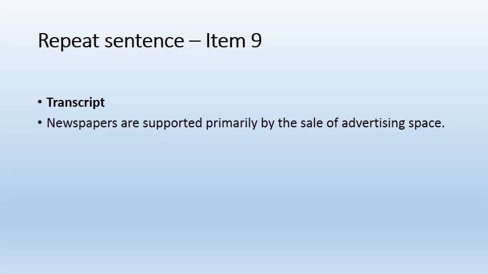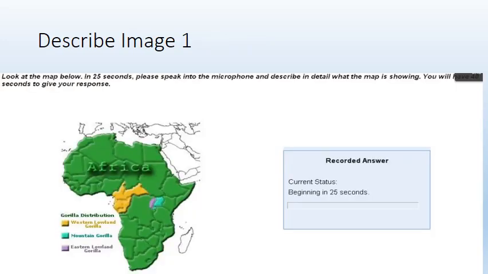Next question. This is the third question type for your speaking section. You have to describe an image. You will have 25 seconds to read this image, and after 25 seconds you have to speak for 40 seconds.